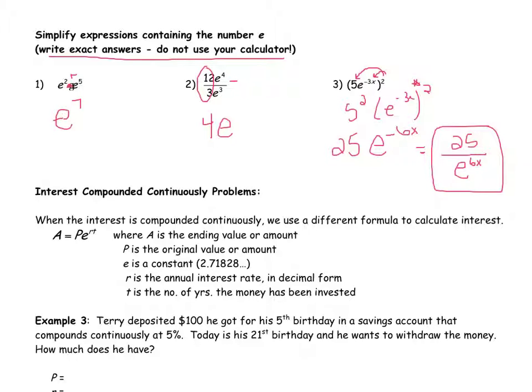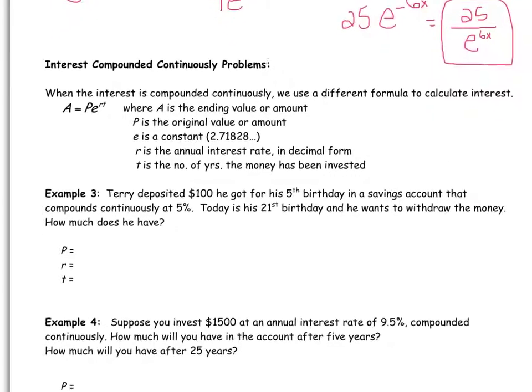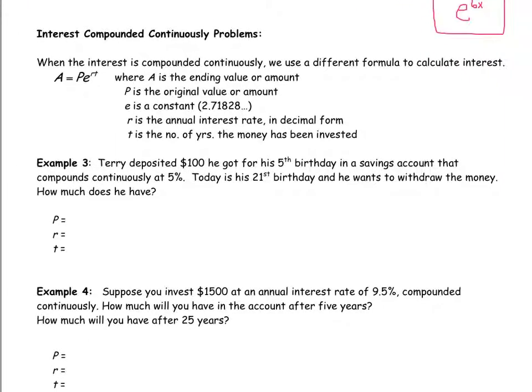All right, so when are you going to use the value e? Right now it is used when we have a compounded continuously problem. Compounded continuously means that it's just continuously compounded throughout the year. When you do that, we have a different formula, and I call it the PERT formula because it spells out PERT.